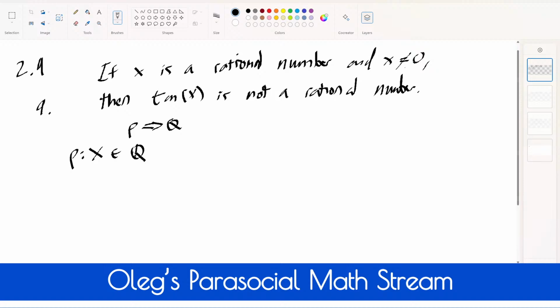Which, by the way, what does the Q actually stand for? Let me tell you real fast here. Okay, let's see what the Q stands for. It's quotient, I guess. That makes sense. Yeah, ratio of two integers.